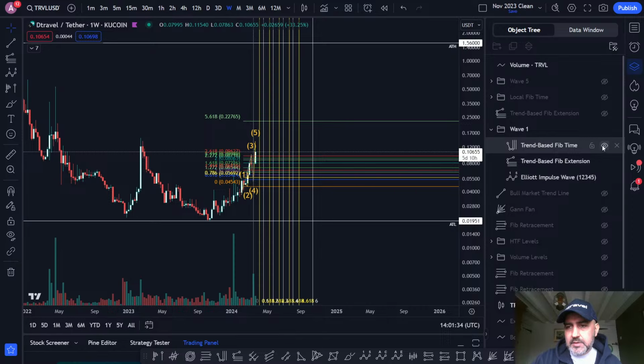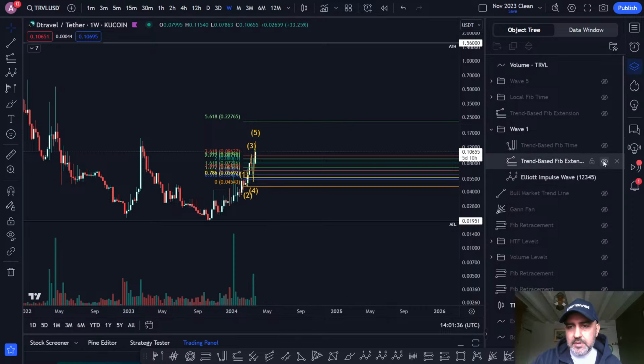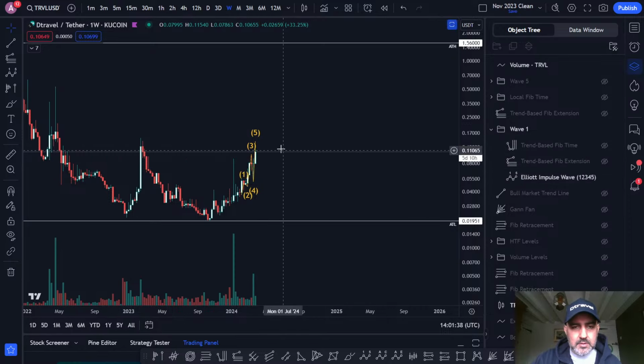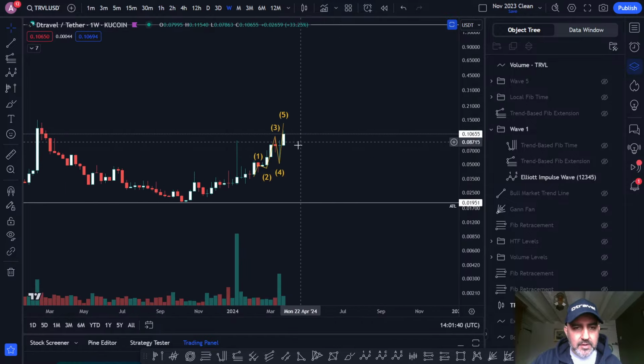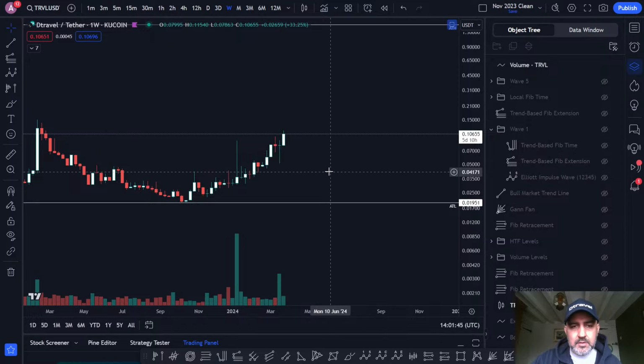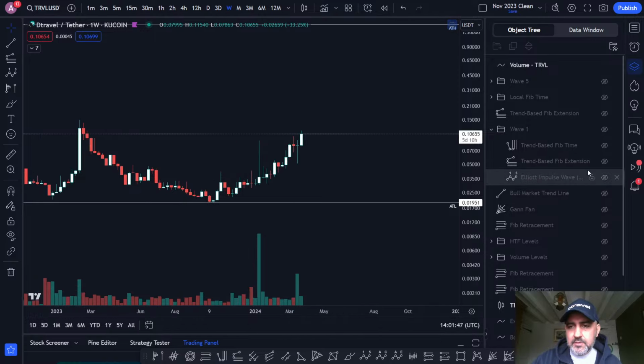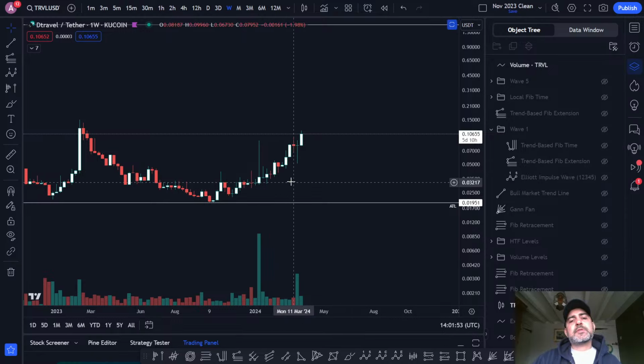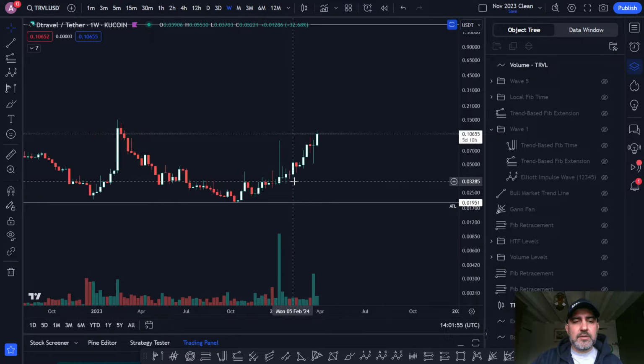Just like that, time extension. Okay. So unified 1 started there. Okay, good. That candle is the one. Which one was it? That one. So this is where our 1 starts. There.